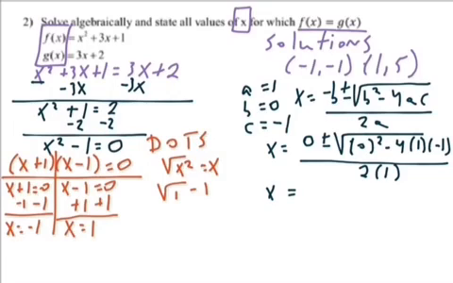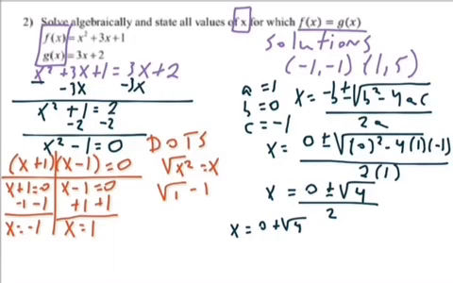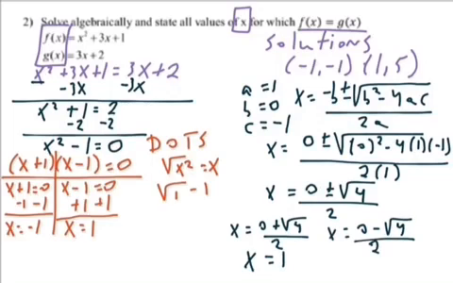So x equals 0 plus or minus. Type the numbers underneath the radical into your calculator to get 4. So x equals 0 plus the square root of 4 over 2, which gives you x equals 1, and x equals 0 minus the square root of 4 over 2, which gives you x equals negative 1.